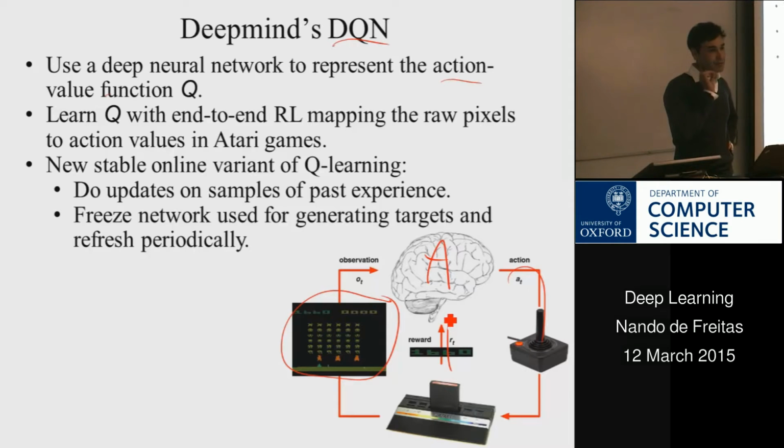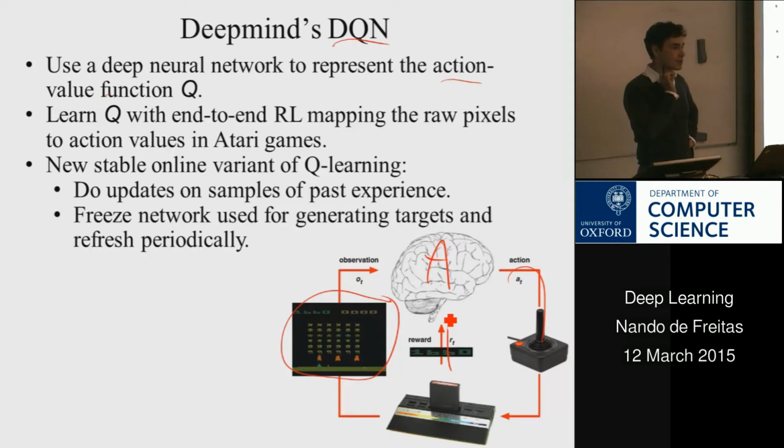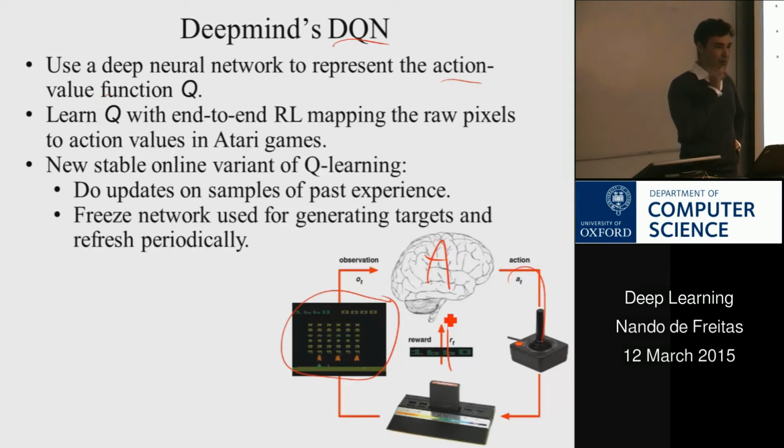And it keeps doing this, and it should learn to play the game. Now, in DeepMind's system, they do one thing that is slightly more interesting than the naive Q-learning method that I just showed. Instead of only using the current state and the current action, they keep a database of previous quadruples of states, actions, next state, reward.